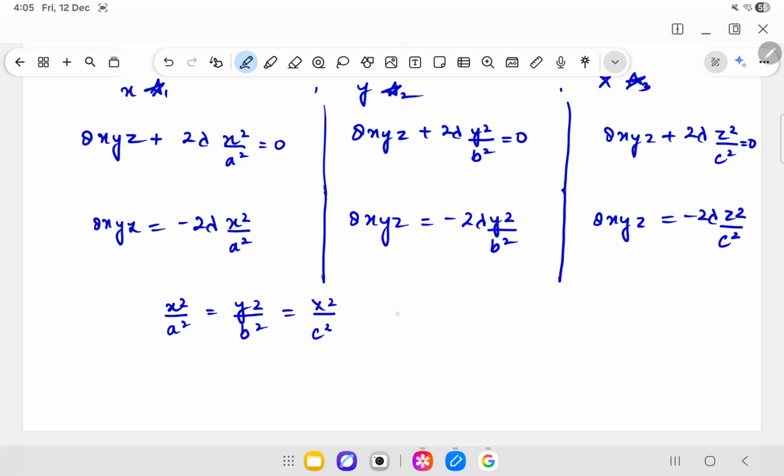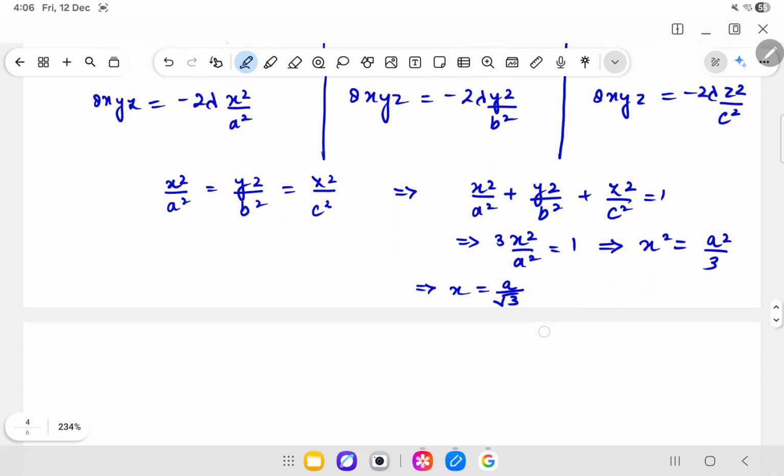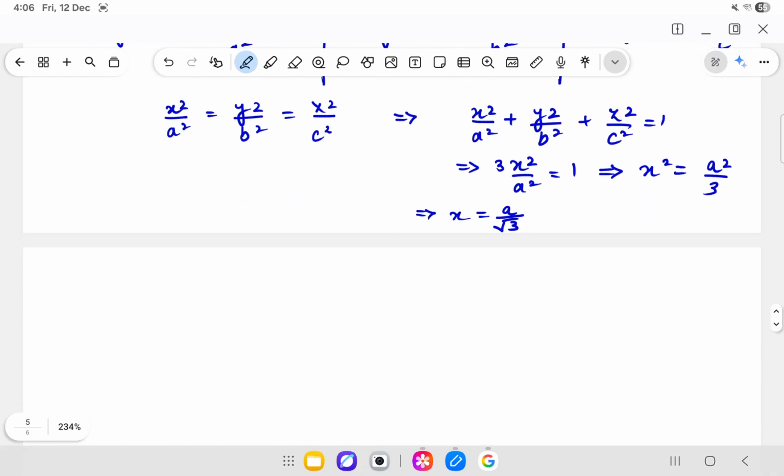Using the given relation, x square by a square plus y square by b square plus z square by c square equals 1, I'll get 3x square by a square equals 1. That gives x square equals a square by 3, so x equals a by square root 3. I am neglecting the negative value because the length of a parallelepiped cannot be negative. Similarly, I'll get y as b by square root of 3 and z as c by square root of 3.